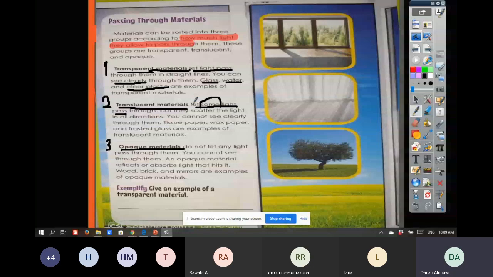The opaque materials don't let any light pass through.